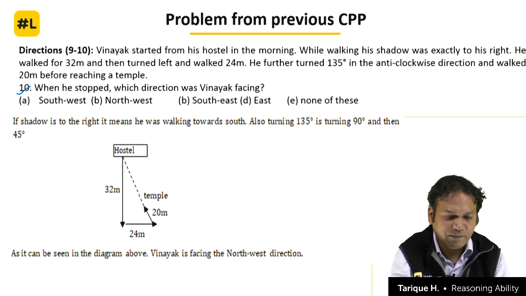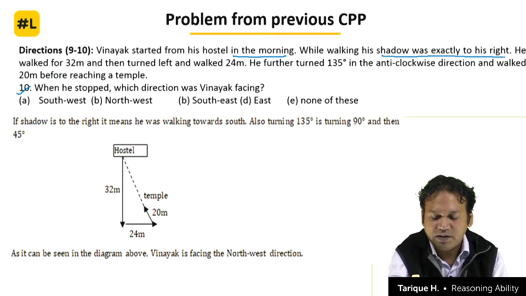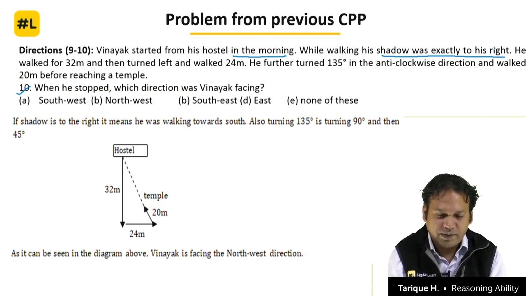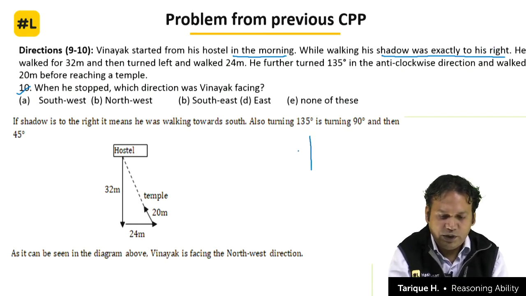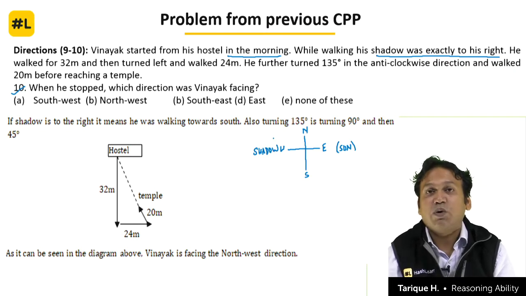So first of all, let's see. He started walking in the morning and the shadow was exactly to the right. What does it mean? In the morning, the sun is in the east, and if the shadow was towards his right, that means west was towards his right.